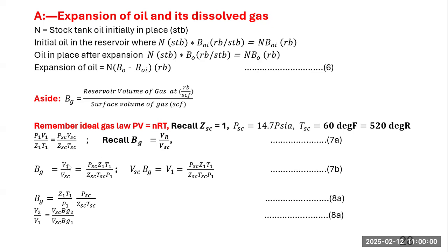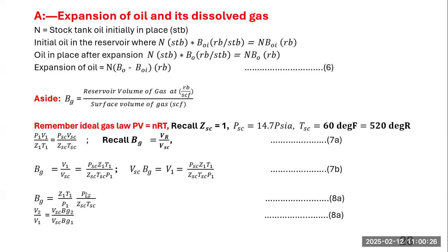That's your reservoir volume over VSC, volume at standard condition, which gives you this. And then your BG, if you rearrange the reservoir conditions and the standard conditions at the surface, so you have this. And then you can relate your V2 over V1 to VSC, BG2 over VSC, BG1.